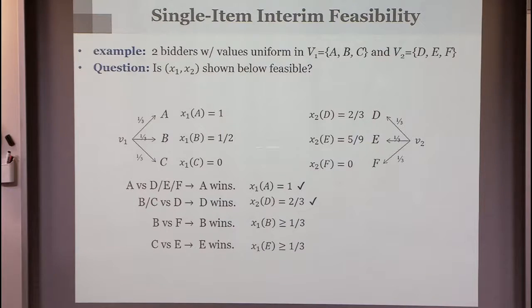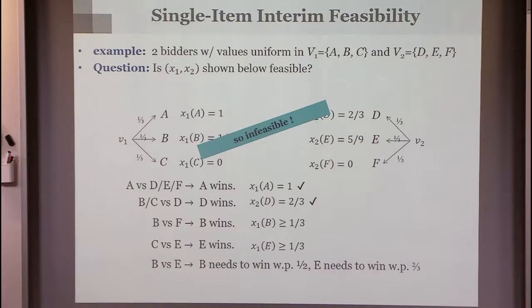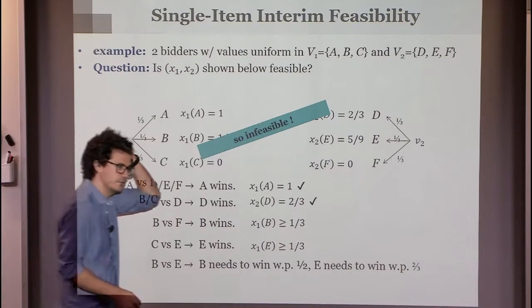But these guys require more, and we have to decide what happens when they appear against each other. And it turns out that to satisfy these two numbers, you need, in this case, to allocate the item with probability 1/2 to B and 2/3 to E, which is certainly not possible. So working our way through this example, it follows that it's infeasible to satisfy these constraints.